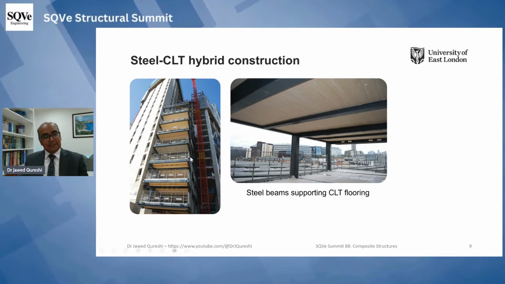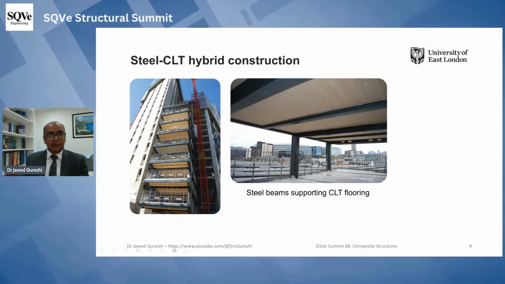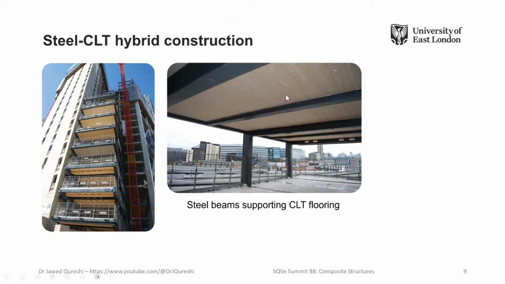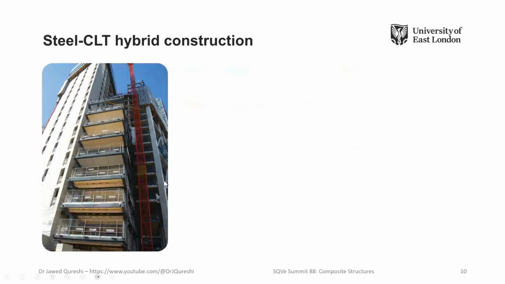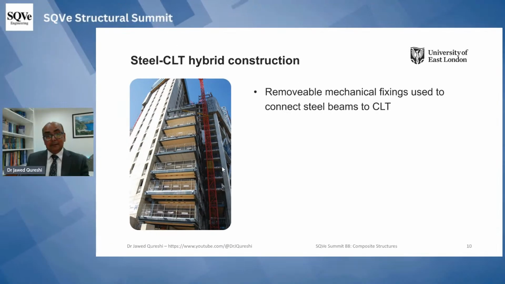This is the cross-laminated timber which is used over here, and steel beams are supporting this cross-laminated timber slab. As you can see over here, at each fourth floor we have some other composite section, and I will tell you what the reason for that is. Removable mechanical fixings were used in this structure so that we can reuse it in future.